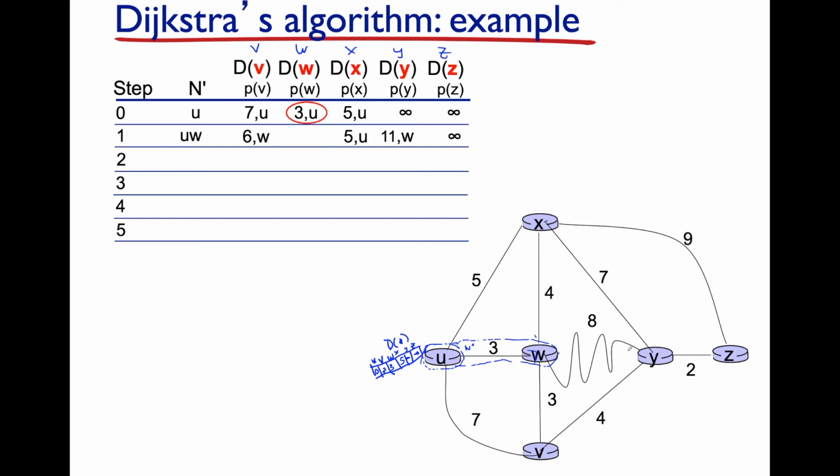So the predecessor of Y is now W along the path to U. Okay, and Z remains infinity.